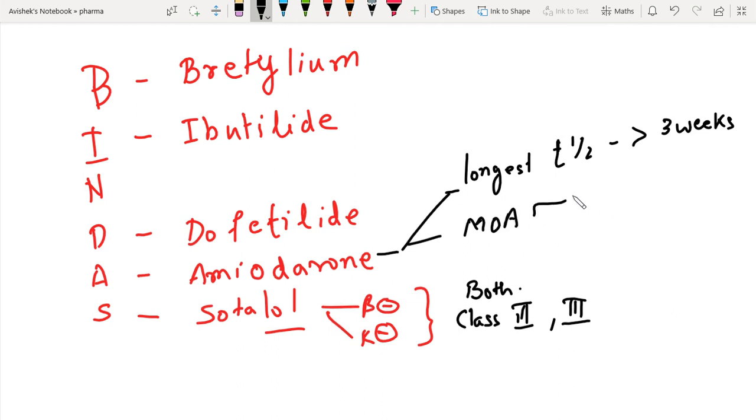Mode of action: it has class 1 action, that means sodium channel blockers. Class 3 is potassium channel blocker.